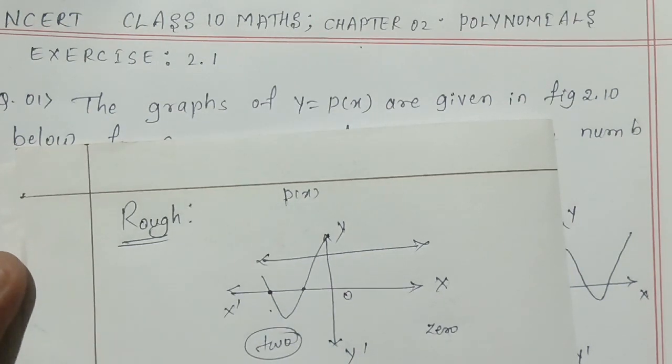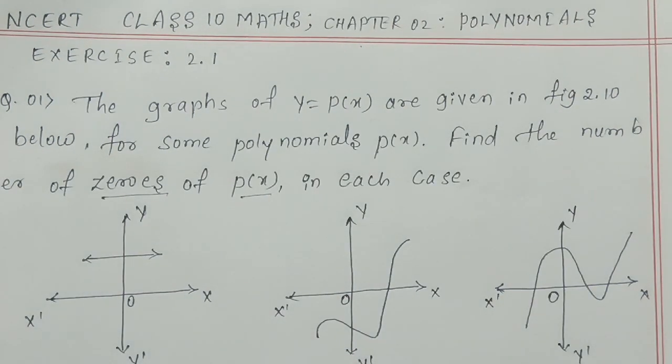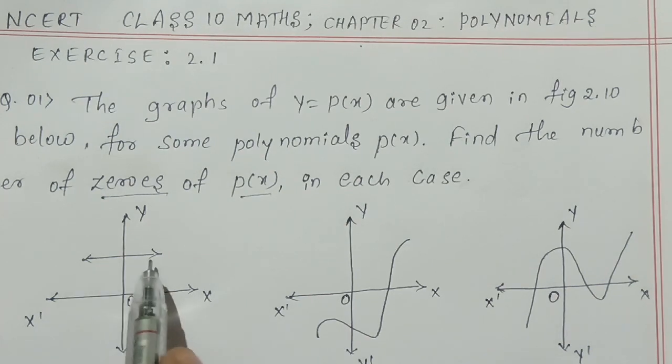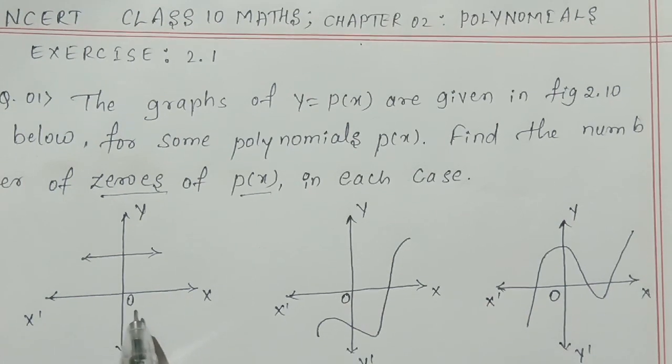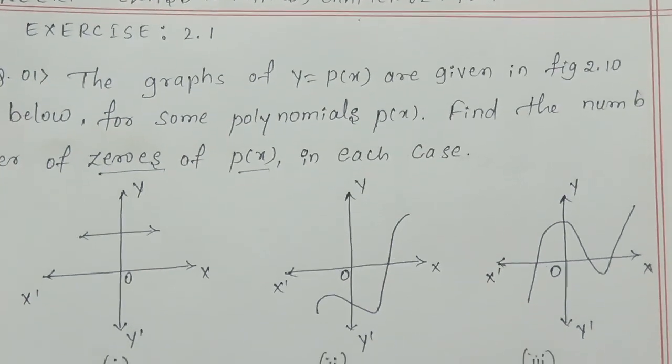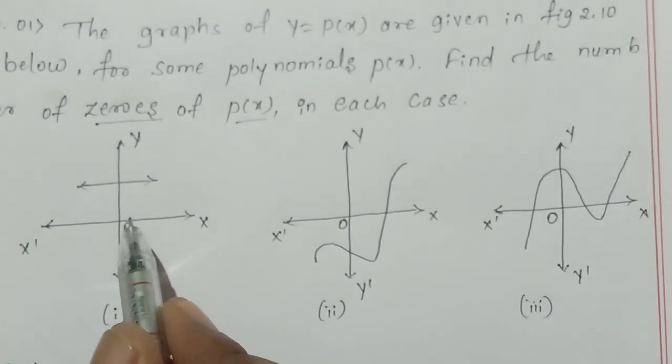Okay. So next we will go to question number 1. In this question, this is the first graph. It does not intersect the x axis anywhere. Correct? So that's why you can write here that zeros of this graph is no, there is no 0.